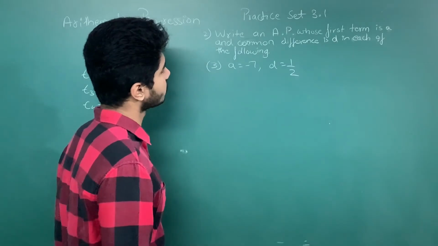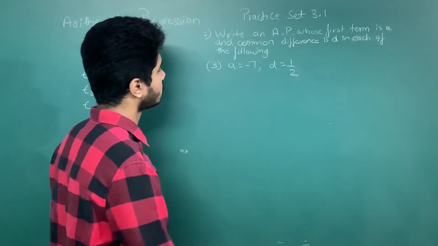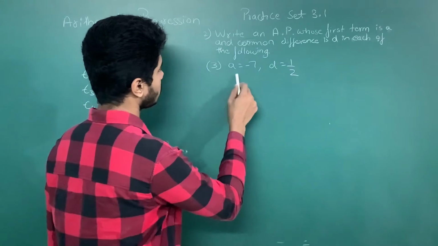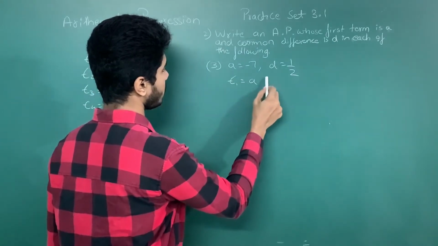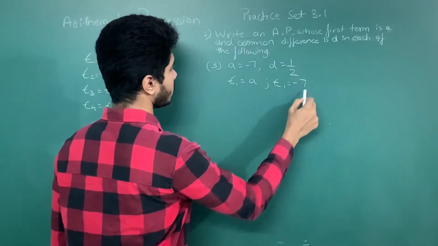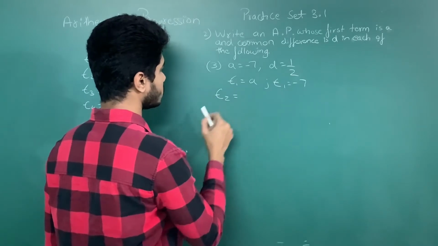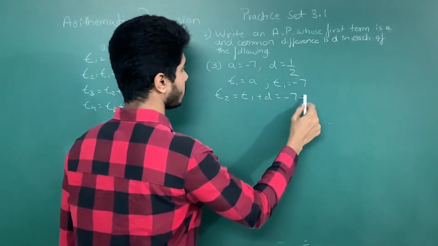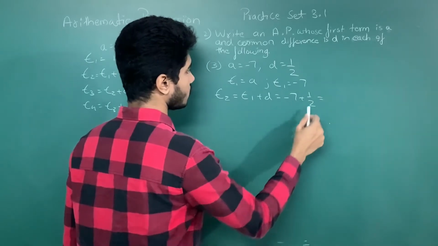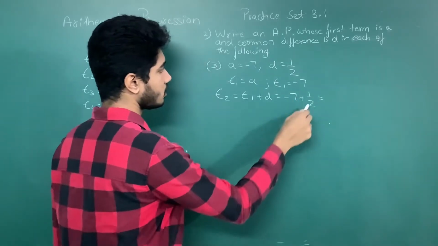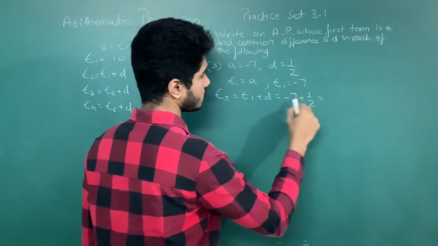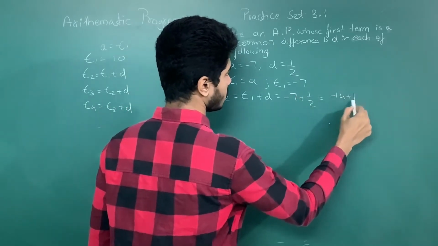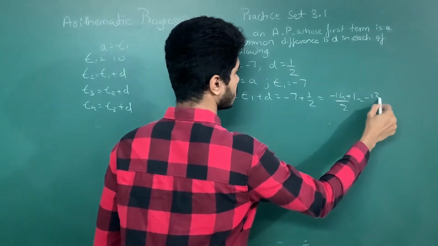Third question, A is equal to minus 7 and D is equal to half. So T1 is equal to A, so we get T1 is equal to minus 7. So T2 is equal to T1 plus D, which is equal to minus 7 plus half, which when you do cross multiplication, 2 into 7, minus 14 plus 1 upon 2, which is equal to minus 13 upon 2.